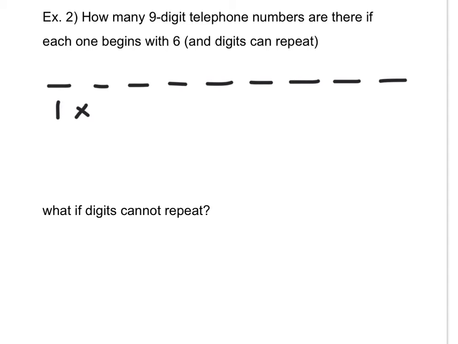Then how many options have I got for the second position? 10, 10, 10. So it goes the whole way down to the end. For every position, I have 10 options. So it's 1 times 10 times 10 times 10, and the first digit is only 1 option, so I should have 8 tens. So 10 by 10 by 10 by 10 by 10 by 10 by 10 by 10, 8 times.